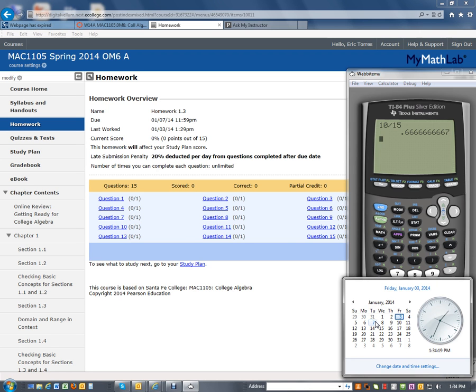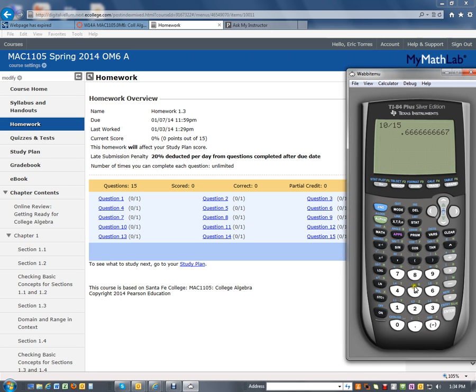If you send it on the 7th, I would get it back to you the next business day, which would be the 8th. You would lose 20% deduction. So if you did the other 5 questions times 0.8, because you have a 20% deduction, you would get 4 more points. So now you would have a 14 out of 15, and that's a 93%. So it's very important that you be aware of the due date and that you are losing 20% per day after that due date.